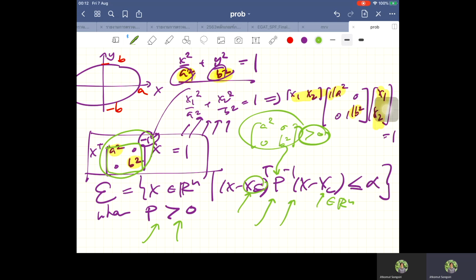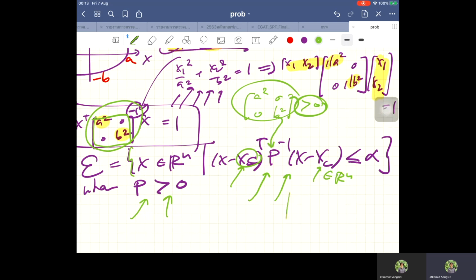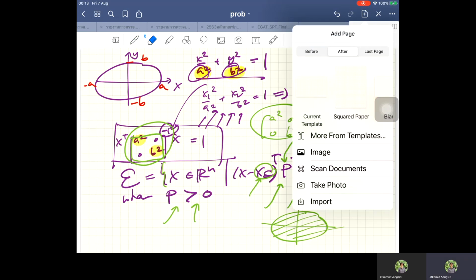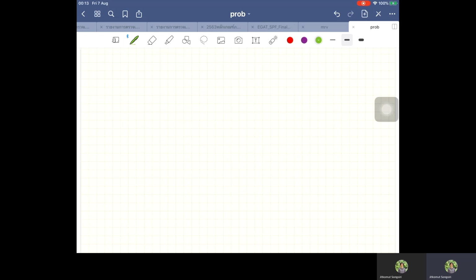So this notation is a set. And of course, if you draw an ellipsoid and change this equality to an inequality, it basically means the area inside the ellipsoid. Let me put the notation here again.